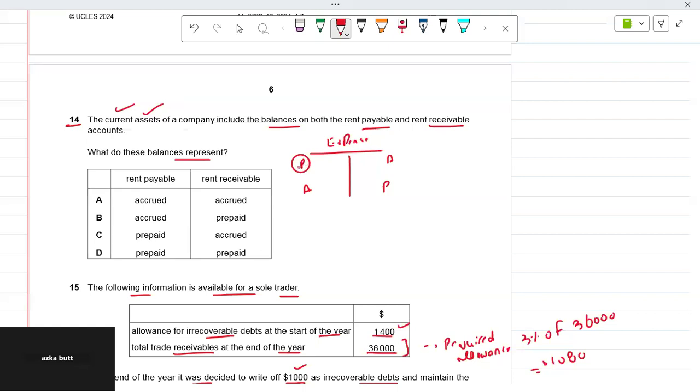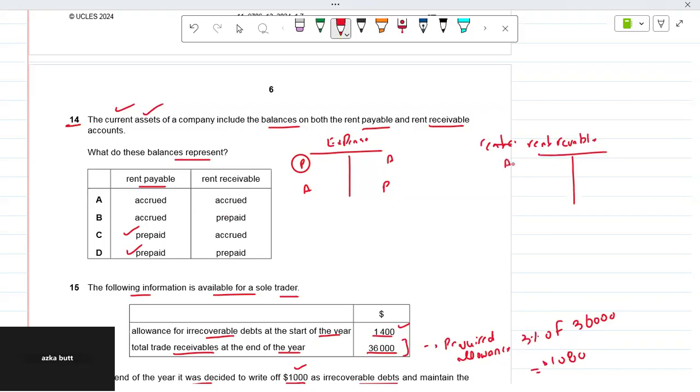Okay. So it means these two seem to be the right option in the rent payable account. And if you see the rent receivable account, this is the income account.